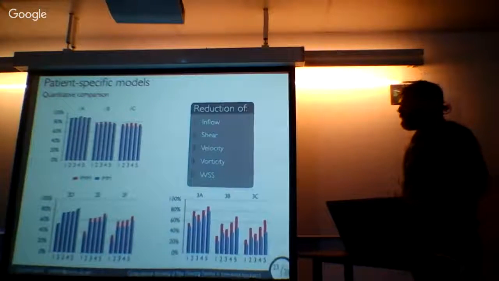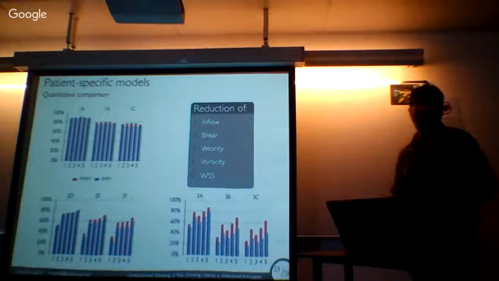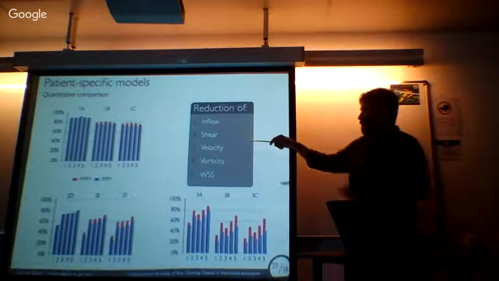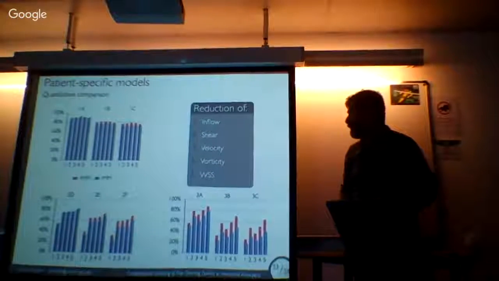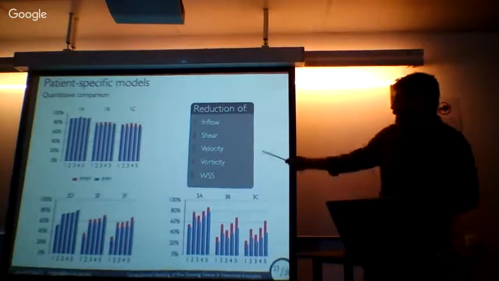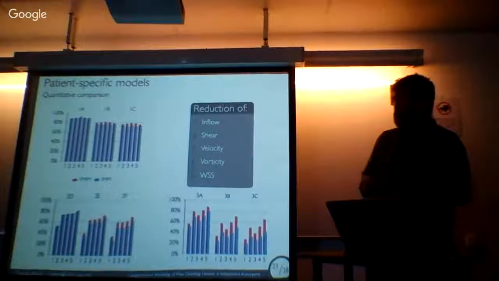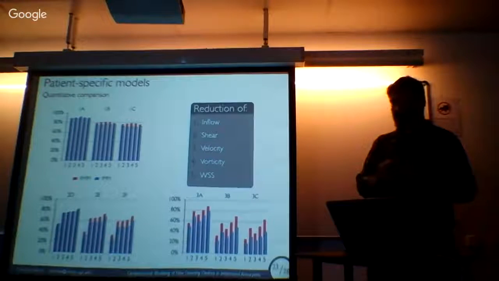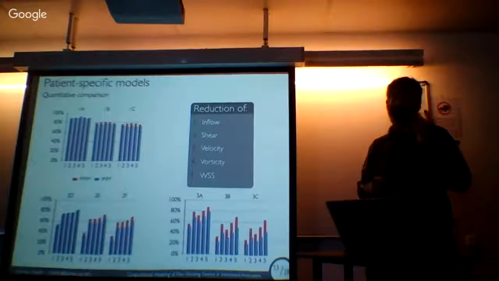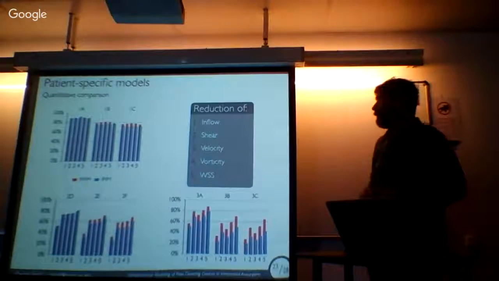Some quantitative comparison of some of the typical parameters that we observe or try to use to measure our solutions. We see three different stents using three different aneurysms.